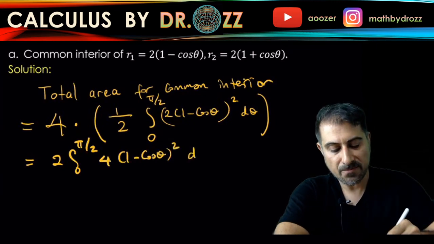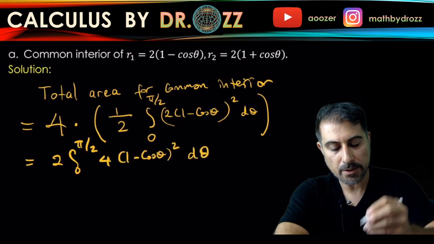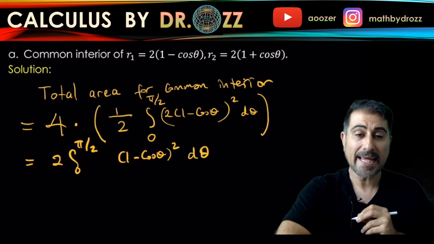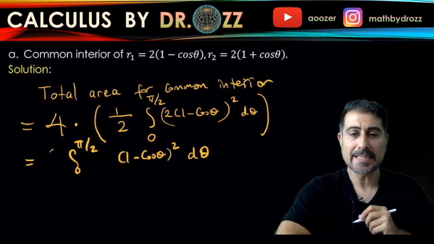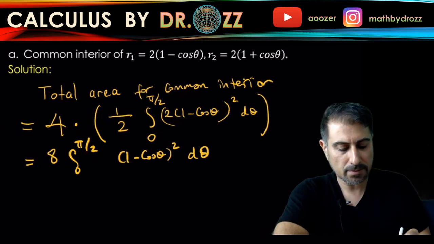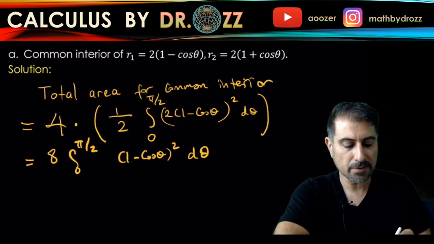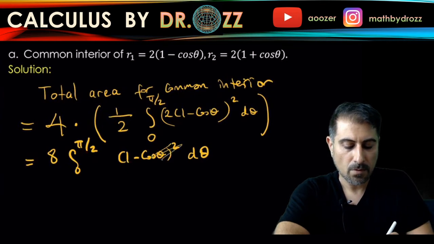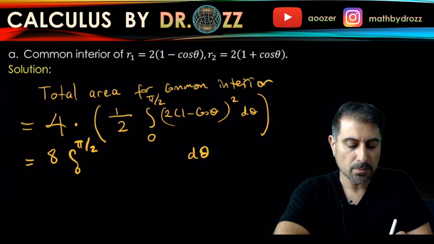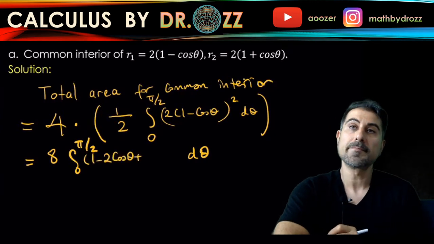And I can combine 4 and 2 here, and I can write 8. And now I'm going to expand 1 minus cosine theta quantity squared. To save space, I'm going to write everything here. So 1 minus 2 cosine theta plus cosine squared theta d theta.